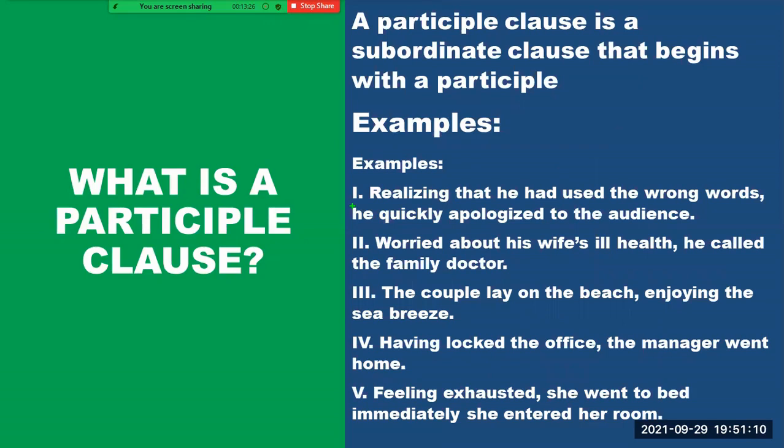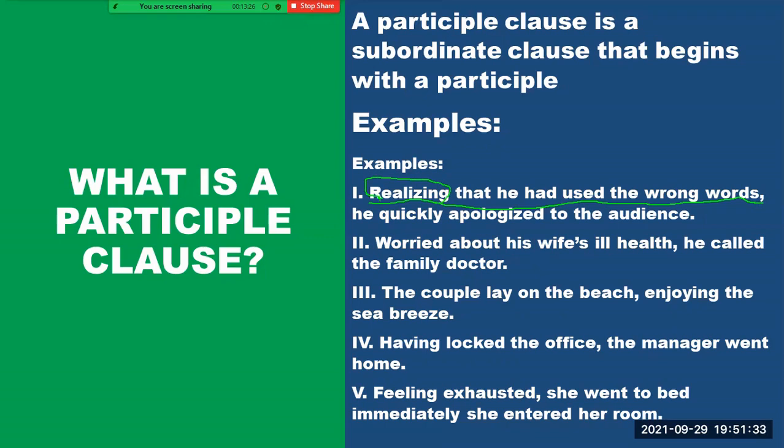Look at the first one. Realizing that he had used the wrong words, he quickly apologized to the audience. The participle clause here is realizing that he had used the wrong words, and the participle that begins it is a present participle, realizing.